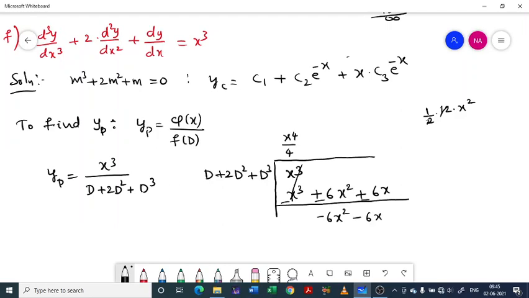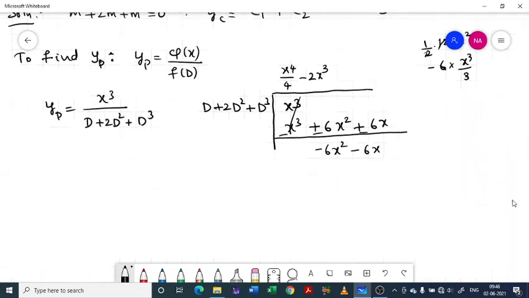Minus 6x square divided by d. That is minus 6 into the integral of x square, that is x cube by 3. So minus 2x cube. Now minus 2x cube into d gives minus 6x square.